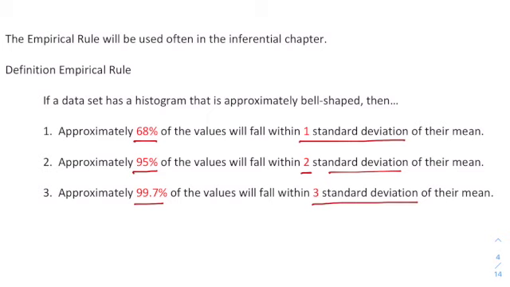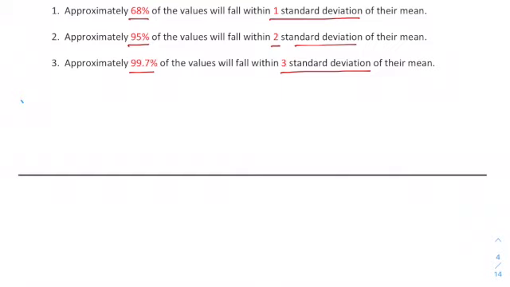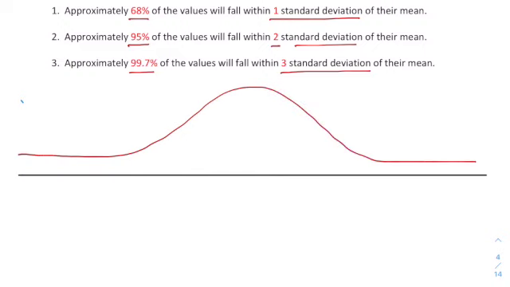So what does that mean and what does that look like? How are we going to apply the empirical rule onto a bell curve? Here's how you do it. First of all, you are going to draw a bell curve, and you are going to label the mean, which is right in the middle, because the mean is 50%, right in the middle. Then you're going to section it off.